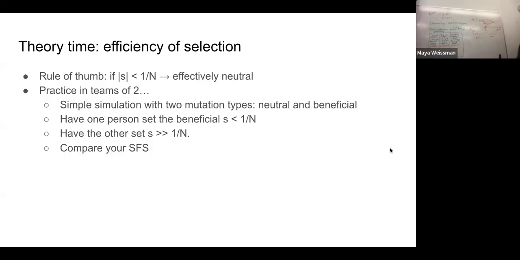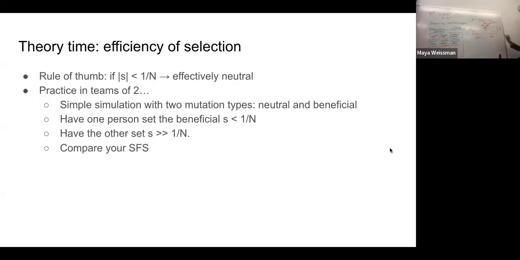What this particular thing is telling you is that neutral doesn't necessarily mean exactly 0. There's a fuzzy border around 0 at 1 over the population size, where mutations that are only weakly deleterious or weakly beneficial are so close to neutral that they're going to act like they're neutral.